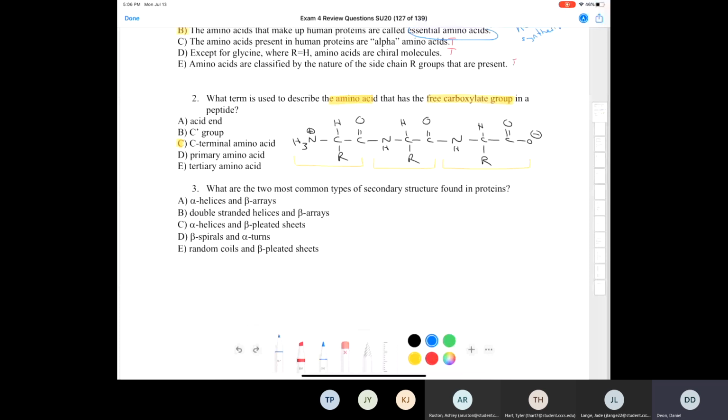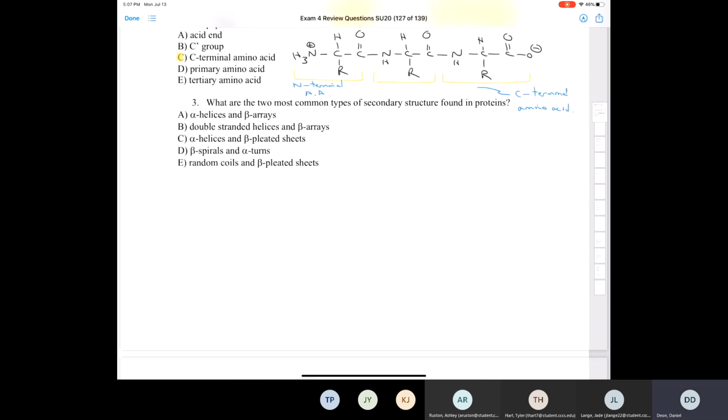So right here, we'll call this the C-terminal amino acid. Okay, and hopefully you'll also notice that in my videos we say that the amino acid on the far left, this is the N-terminal amino acid, like that. Let's take a look at number 3.